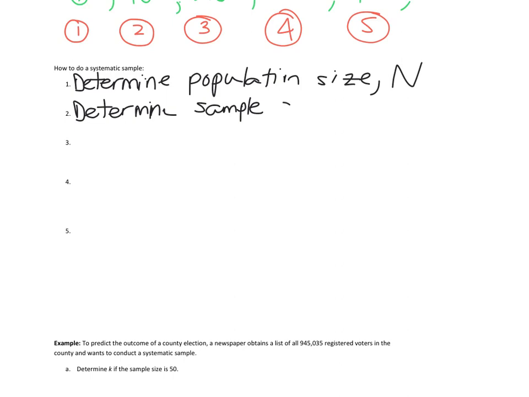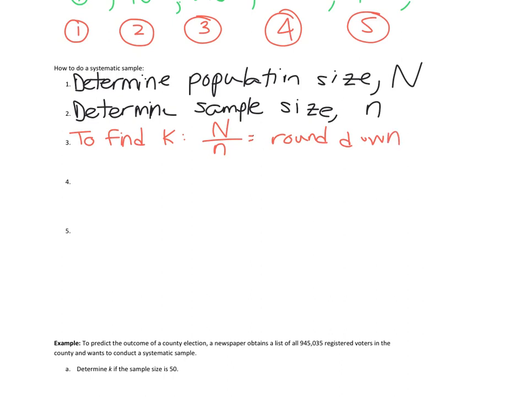So your resources determine your sample size, little n. And then to find K, you want to break up your population into little n pieces. So population size divided by sample size. That's probably not going to be an integer, so let's round down.